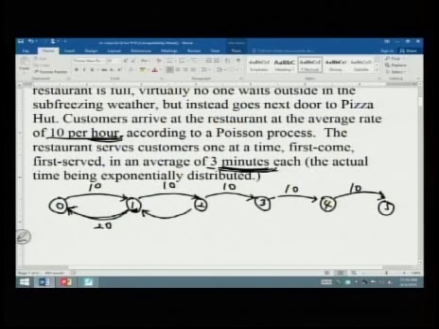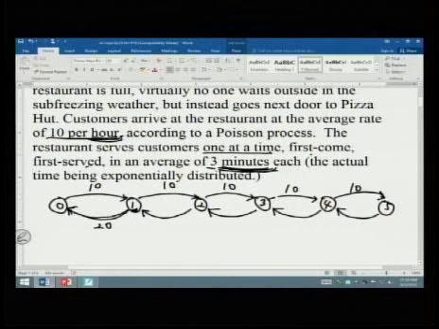And then the service rate is the same, because it does say they serve customers one at a time. First come, first served. Okay? So you have 20 all the way.